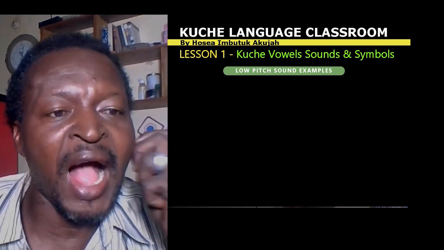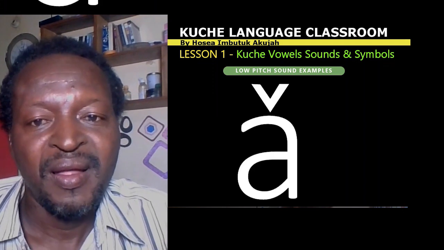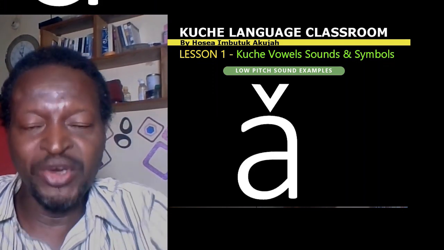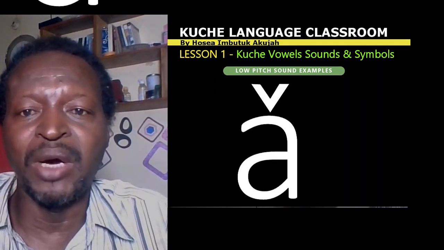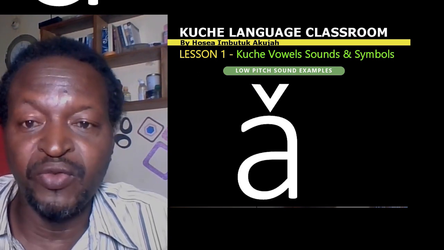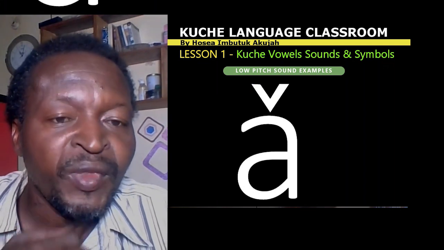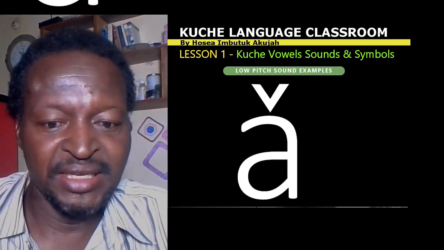The low sign is represented with the arrow pointing down, meaning the sound should go down. Remember, I'm just trying to figure out this so that we can make reading of our language easier. That is that.